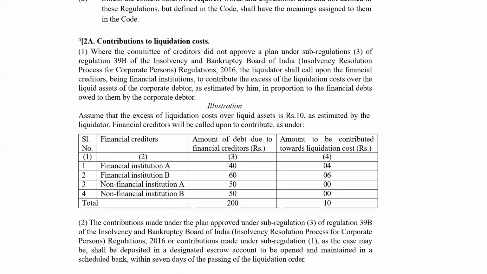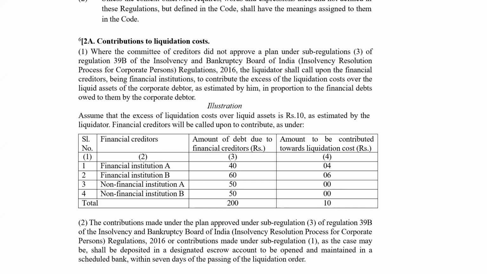The liquidator shall call upon the financial creditors, being financial institutions, to contribute the excess of the liquidation cost over the liquid assets of the corporate debtor in proportion to the financial debts owed to them by the corporate debtor. And this deposit has to be made within a period of 7 days from the liquidation commencement date. So the first thing the liquidator will ensure is that at least the liquidation cost shall be recovered, right? So this is the minimum.